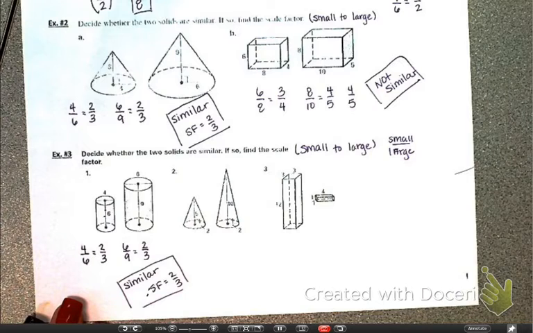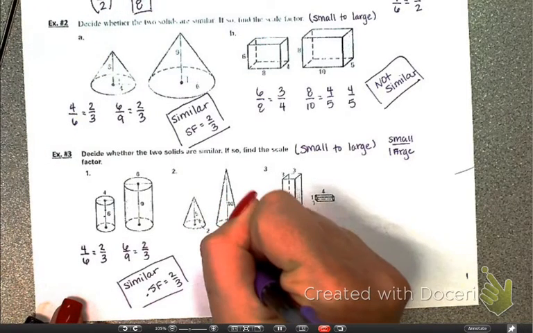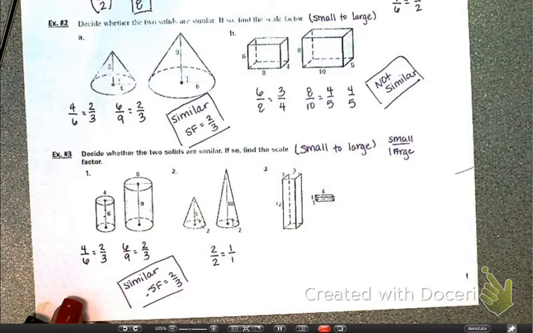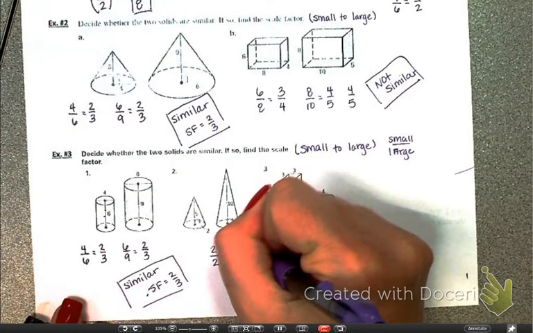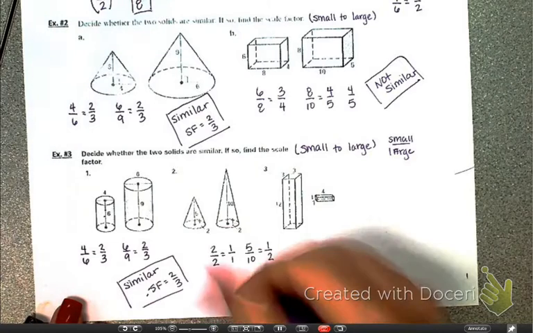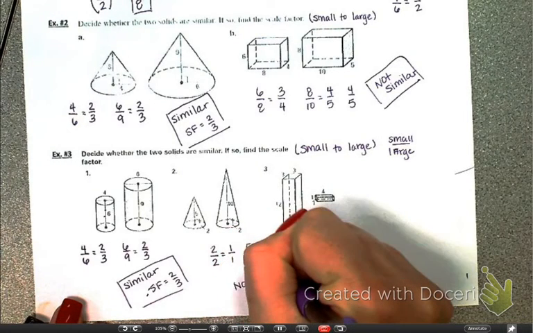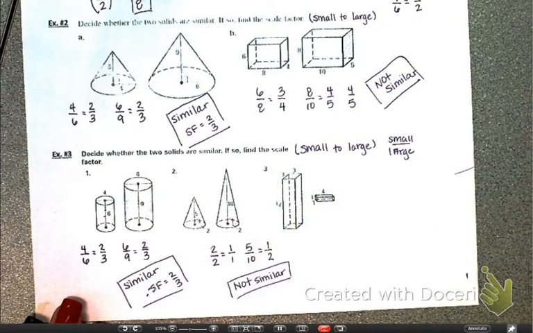Okay. In number 2, if I compare the radius to the radius, I get 1 over 1. And then I'm going to compare the height, which is 5 to 10, and I get 1/2. You should have gotten not similar. Yeah? Awesome.